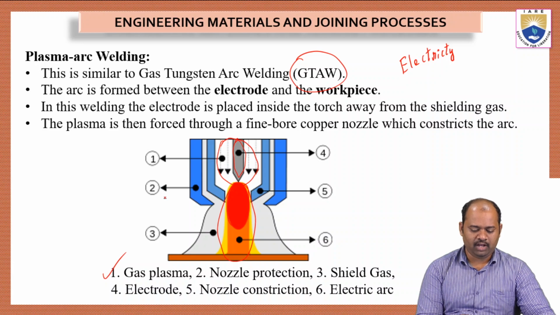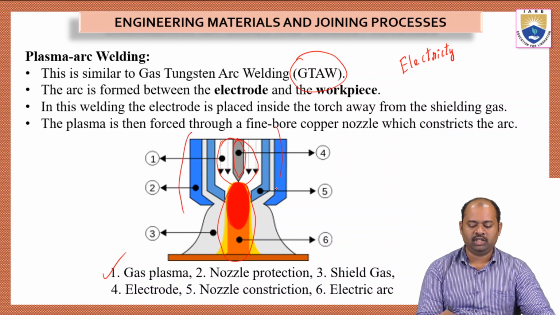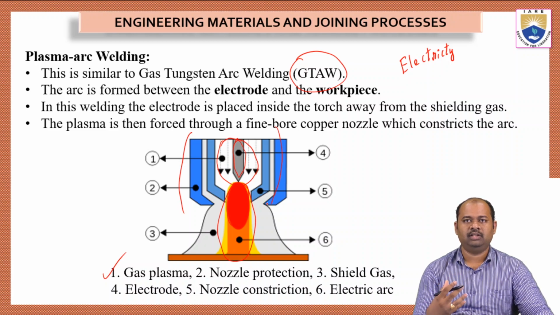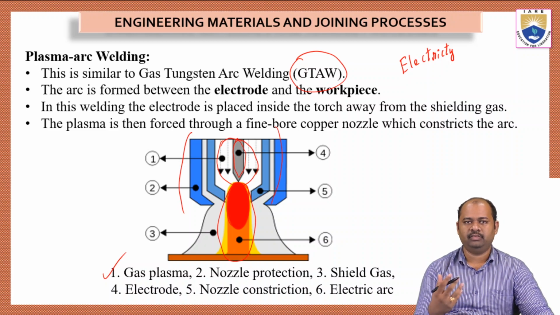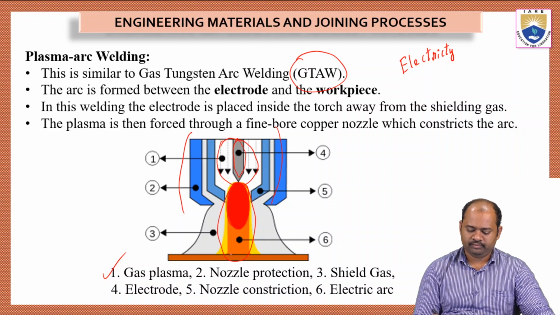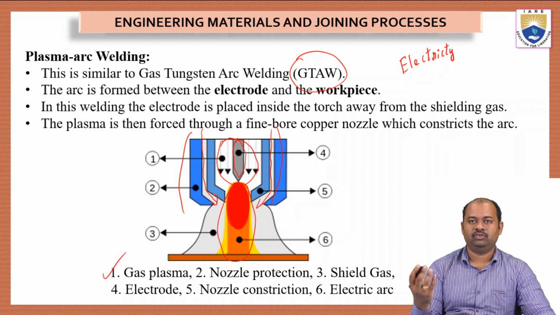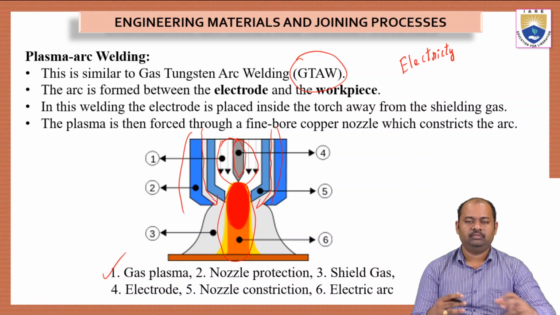Then we have the second part, that is nozzle protection. This entire thing is nozzle protection, in order to protect the electrode and the plasma from external shocks and heat. We have to cover this with nozzle protection. And then the third thing is the shielding gas. Here we have a separate slit opening through which we can make the shielding gas flow through the torch.